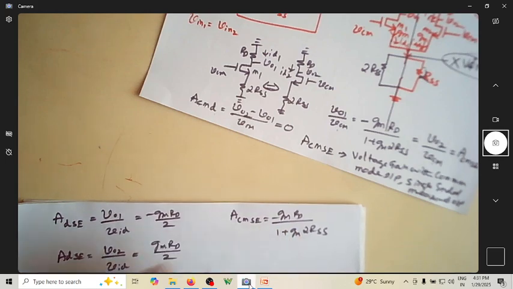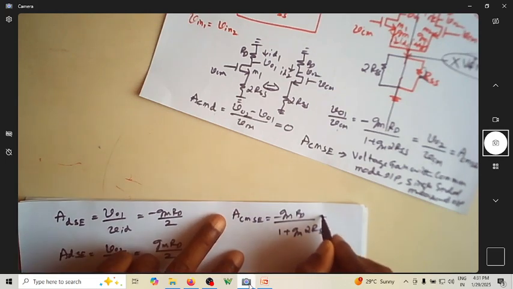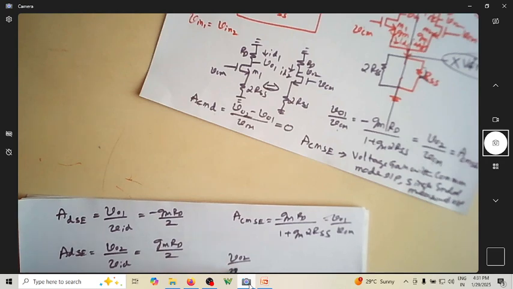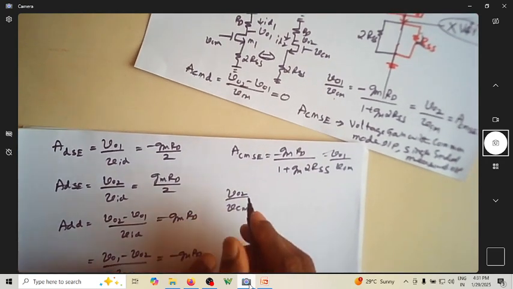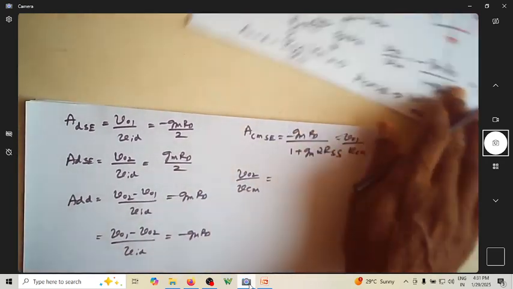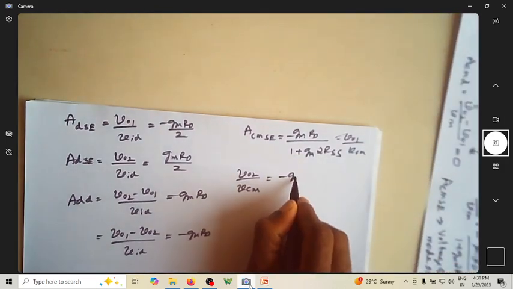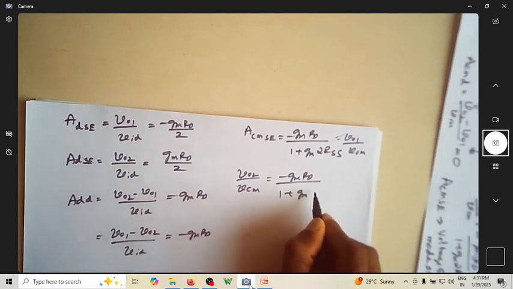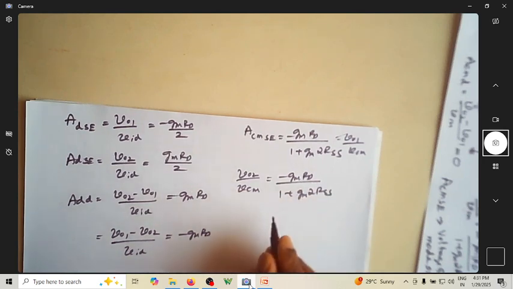This is the same for V01 by VCM. Even if you write V02 by VCM, you will have the same expression: minus GM RD by 1 plus GM into 2 RSS.